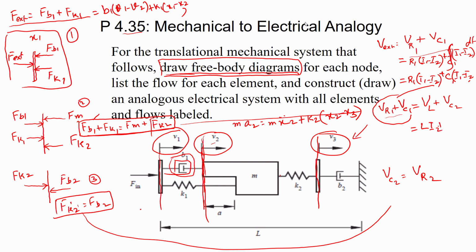I2 plus C2. What are the currents? This is the key. What would these currents be? Did I lose everybody?